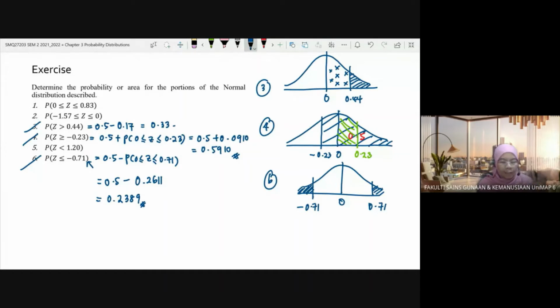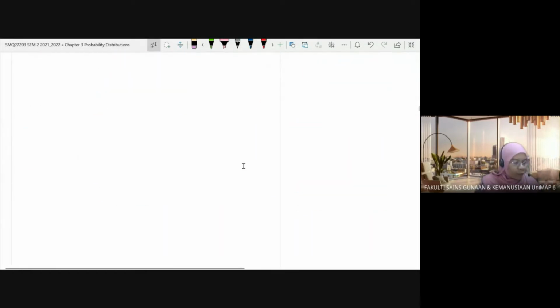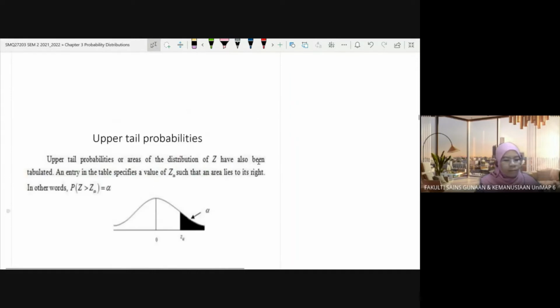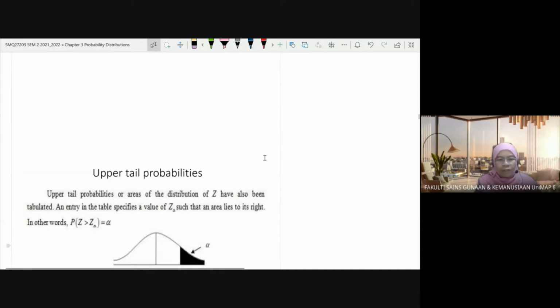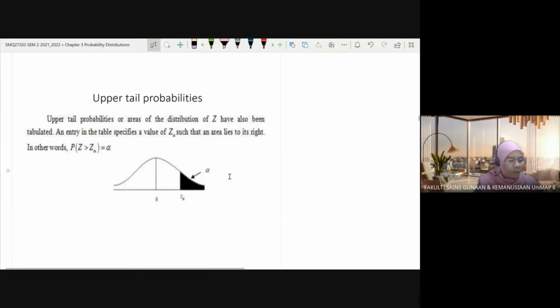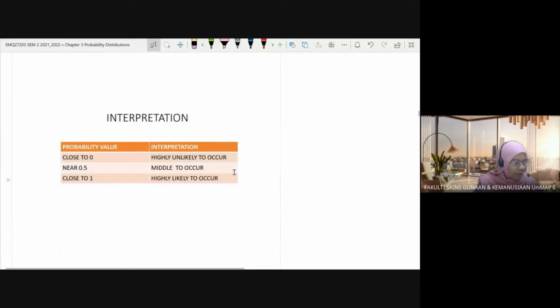Okay. Now let us move to the next table on the upper tail probabilities. And before that, you have some note here. I think this one is just to remind you what is the interpretation of the probability value, if it is close to 0, if it is close to 1, or if it is near to 0.5. So if it is close to 0, highly unlikely to occur.